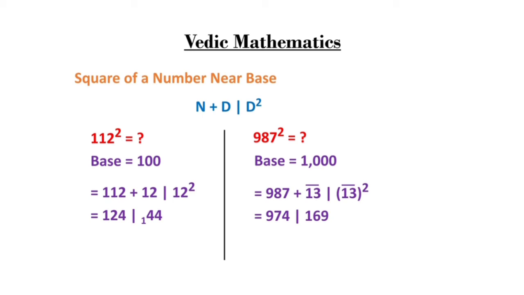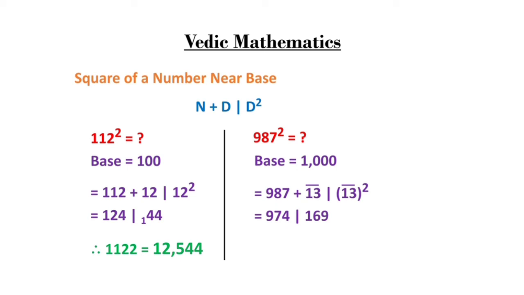So the answer for 112 square is 12544, that is 12,544.